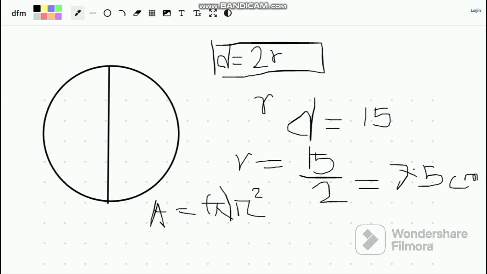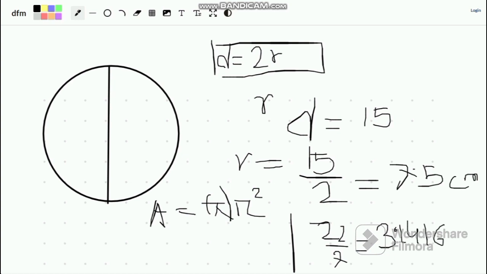If you want to know more about pi, you can browse on Google and look at its history. Normally, the value we use for pi is 22/7, which in decimal is 3.1416.